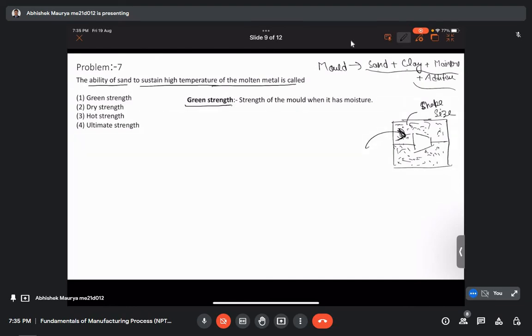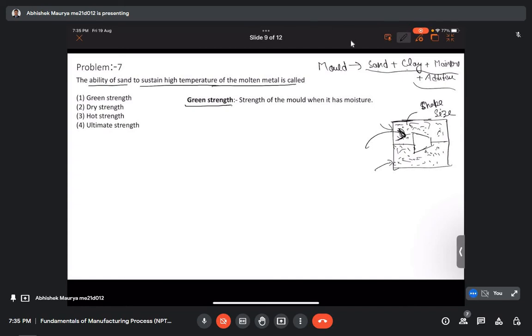Suppose when we prepare the mold and some disturbance comes, like it gets hit by someone or something, it should not break. Because of this green strength, under smaller disturbances or smaller forces, the mold is able to maintain its shape and size, and that is called the green strength.